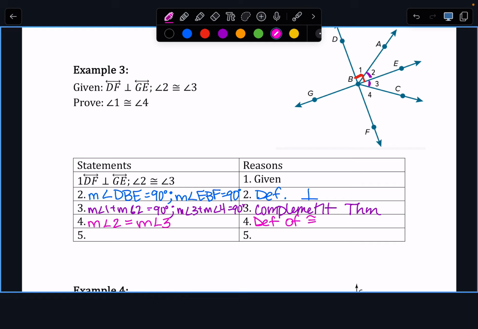Okay. So now we can substitute measure of angle 2 for measure of angle 3. So I can take this guy right here and replace angle 2 with angle 3.